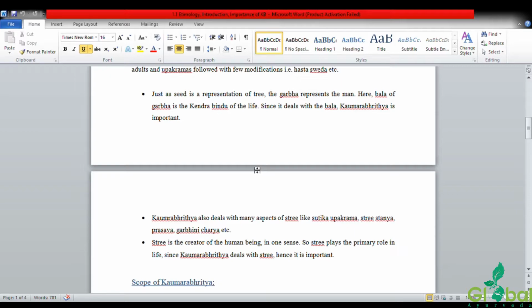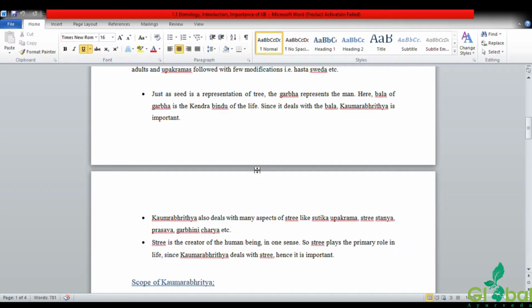Kaumarbhritya also deals with many aspects of Stri like Sutika Upakrama, Stri Stanya, Prasava, Garbhini Charya, etc. It not only deals with the child, as I said; it deals with it starting from the time of conception, taking care of the pregnant lady, the delivered lady, and also the child. So that is why Kaumarbhritya is very important.